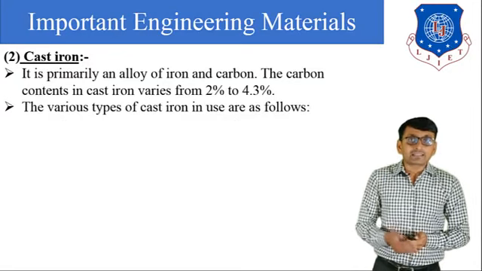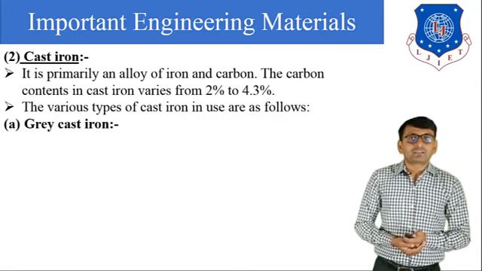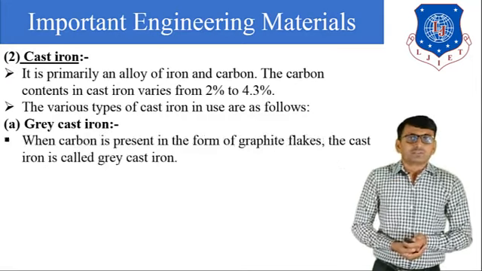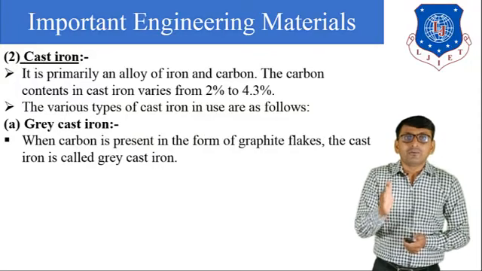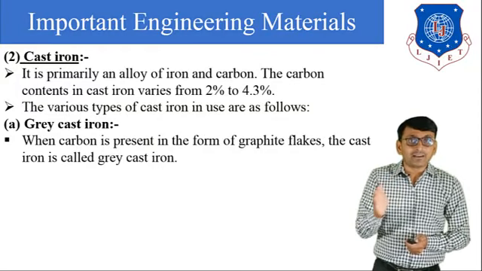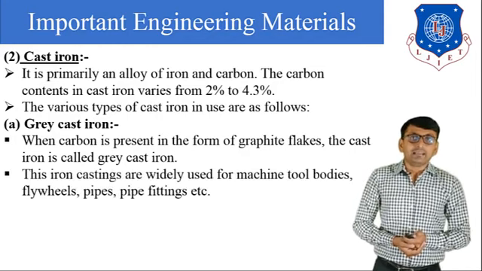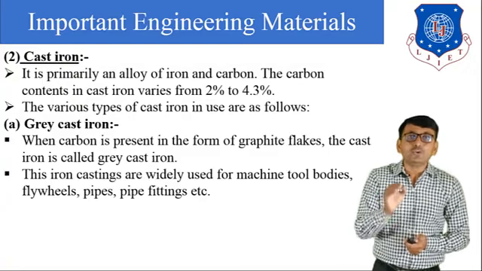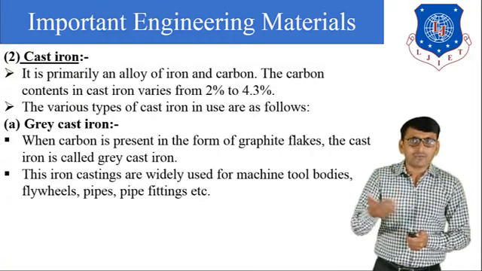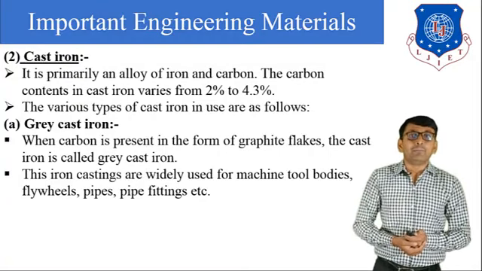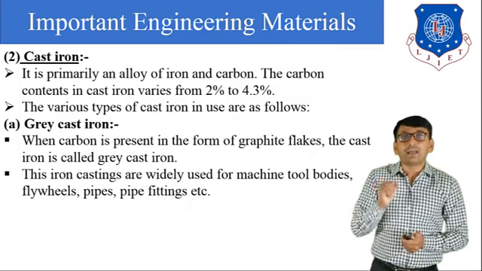The various types of cast iron in use are: first, grey cast iron. When the carbon is present in the form of graphite flakes, the cast iron is called grey cast iron. These iron castings are widely used for machine tool bodies, flywheels, and in pipes and pipe fittings, etc. What is the function of a flywheel?